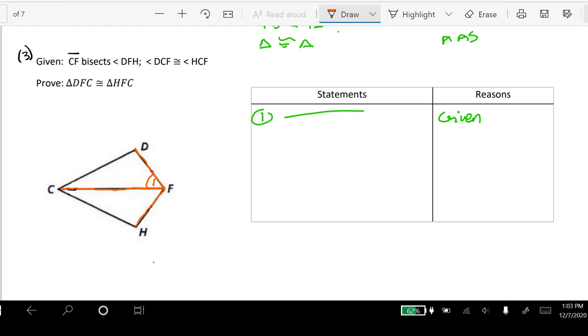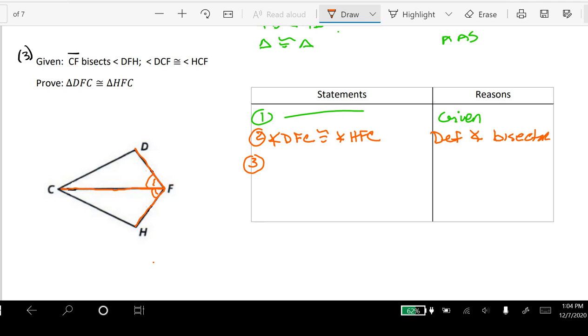So that means that these are congruent. So I'm going to say here for 2, angle DFC is congruent to angle HFC. Definition of angle bisector, because an angle bisector splits an angle into 2 congruent parts.